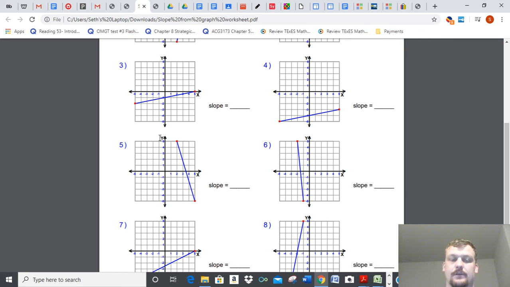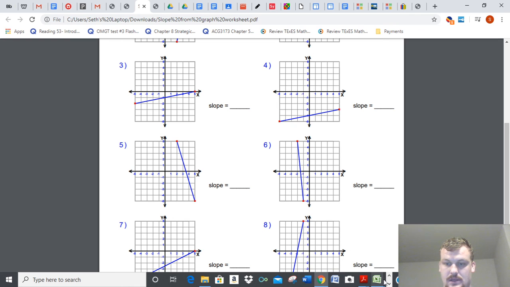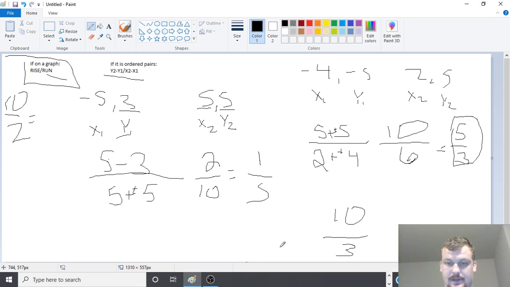If you're walking over here and want to slide down the hill left to right, it would be negative. So your answer would be negative 10 over 3 for your slope.